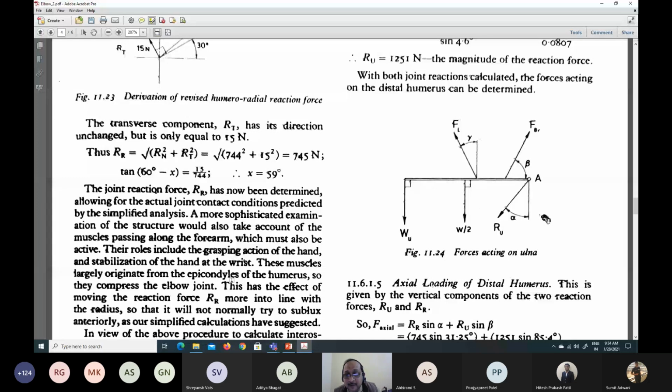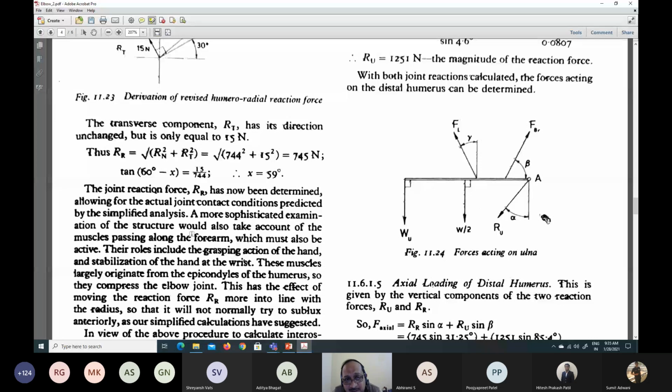But remember, this is still a simplified analysis. A more sophisticated examination of the structure would take into consideration the intricacy of the geometry at the humeroradial contact, and of course the bones connected to that.